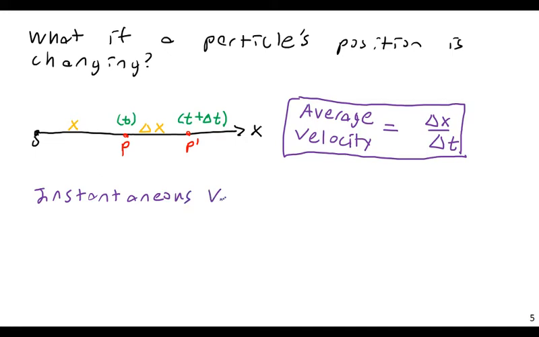And instantaneous velocity mathematically is going to be defined as, I'm going to use the variable v, lowercase v, the limit as delta t approaches 0 of delta x over delta t.